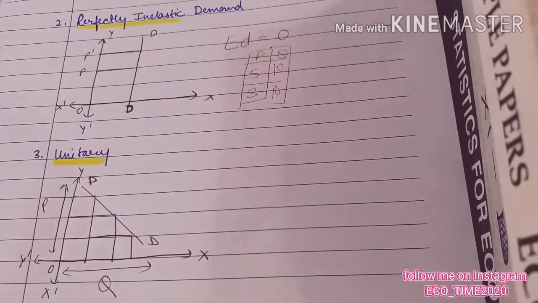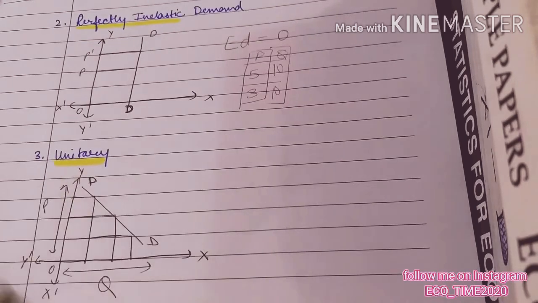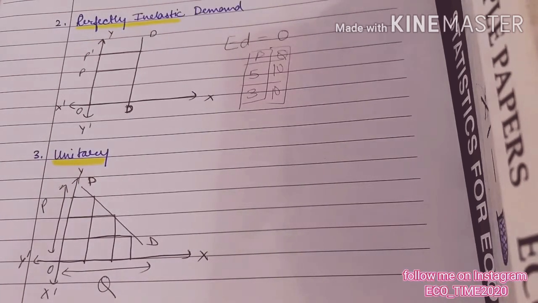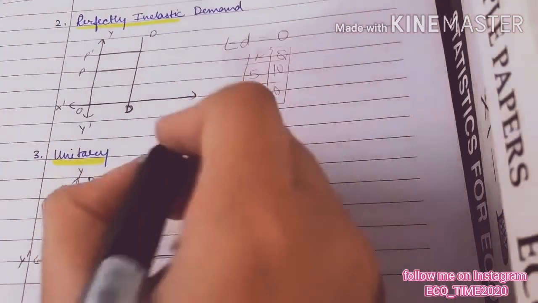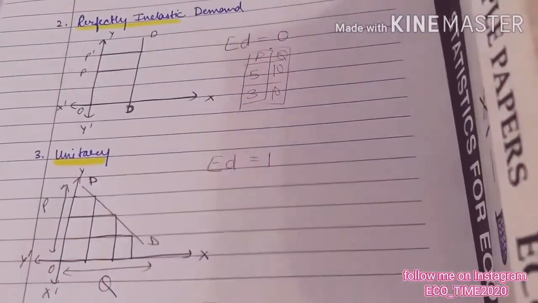When there is change in quantity demanded which is equal to change in price, then the demand for such commodity is known as unitary elastic demand. In this case, the demand curve is a rectangular hyperbola. This is the diagram. Here, elasticity of demand is equal to 1. So, ED is equal to 1.